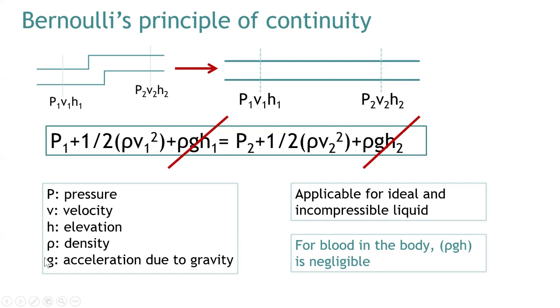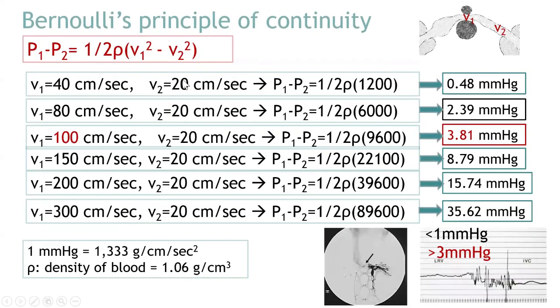We can also neglect the blood density and the gravity acceleration, and we can cancel this one and simplify the equation. From this equation, the pressure gradient can theoretically be measured by using two velocity data, one in the aortomesenteric area and the other in the hilar left renal vein area.